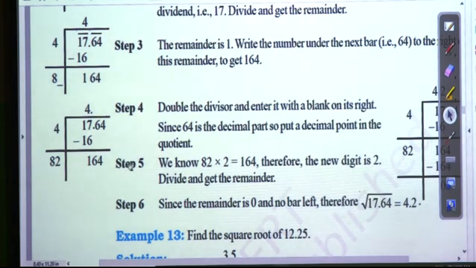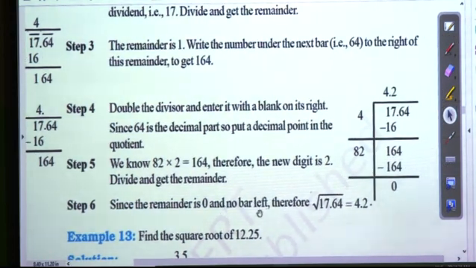Proceeding further, we know 82 times 2 is 164. Therefore, the new digit is 2. Divide and get the remainder. 82 times 2. Since the remainder is 0, no bar is left. Therefore, square root of 17.64 is equal to 4.2. We have given the decimal point here.